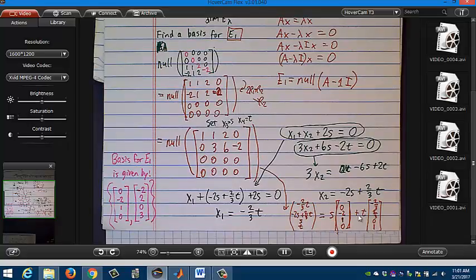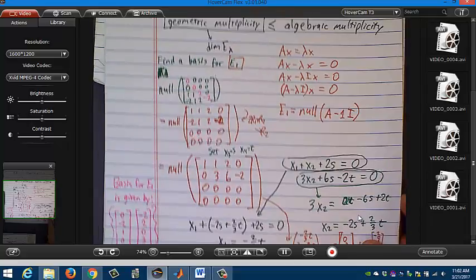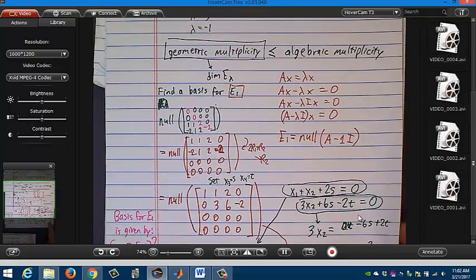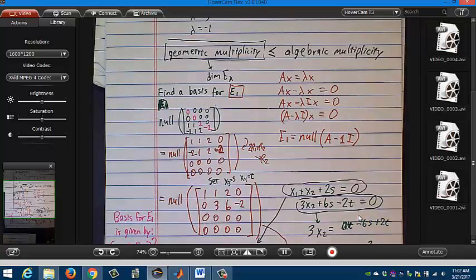So what did we just learn about this matrix? Oh, that's what they said for part D. The geometric multiplicity is also what in this case? 2. Right? So part D was basically asking, what's the geometric multiplicity?